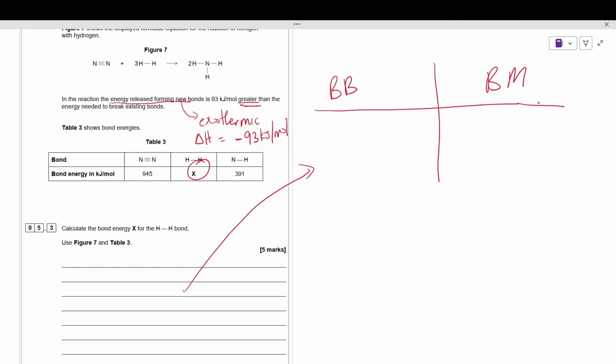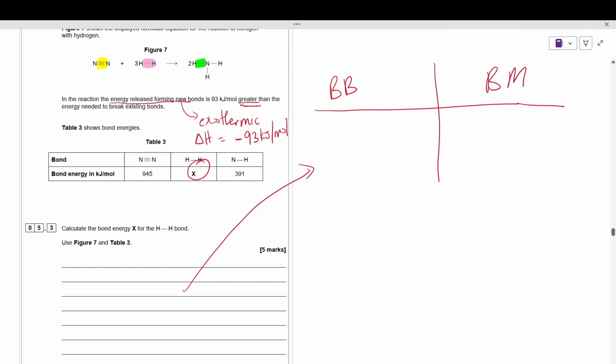So let me just highlight all the information that I have before I start to do anything else with regards to my numbers. I can see that I have 1 of this bond. Can't see any more N triple bond N anywhere. Okay, let's look. I can see 3 of those bonds, so that's H single bond H. And let me see, there's 1 more bond remaining.